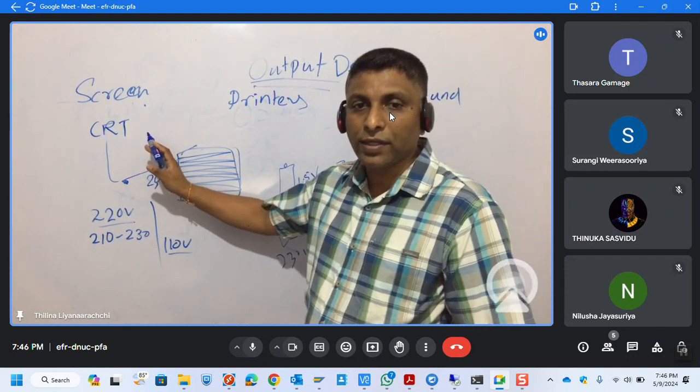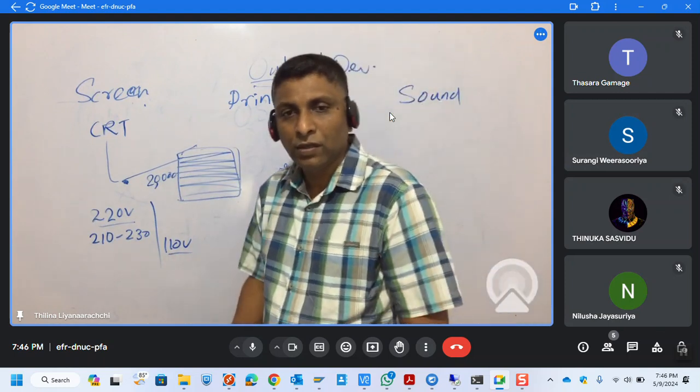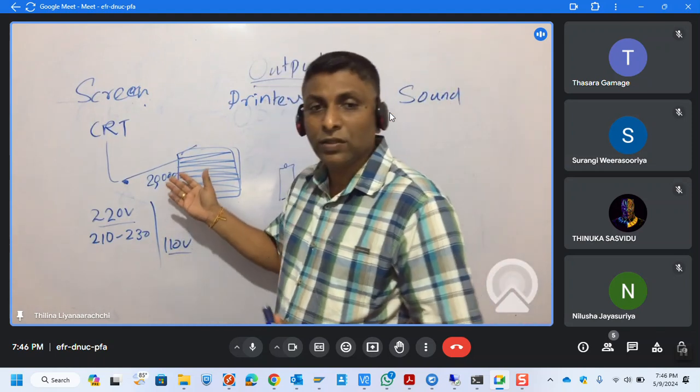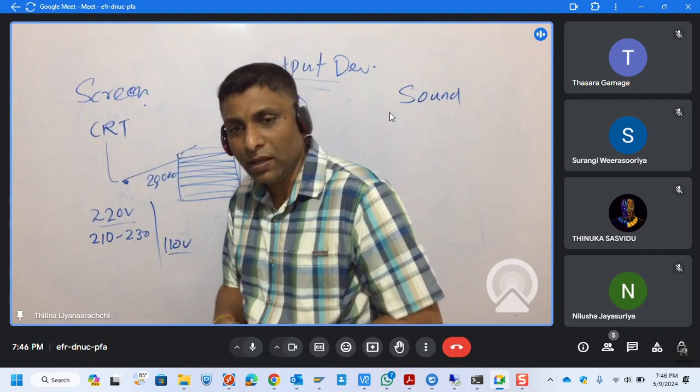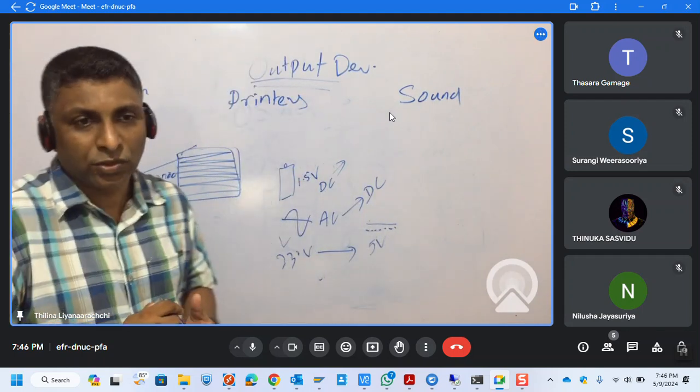It's a type of monitor, an output device. Basically, we used it a few decades back. Right now it's very rarely seen, because it consumes very high voltage. Nowadays we are very concerned about electricity usage.